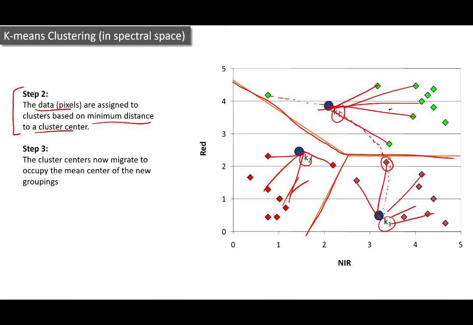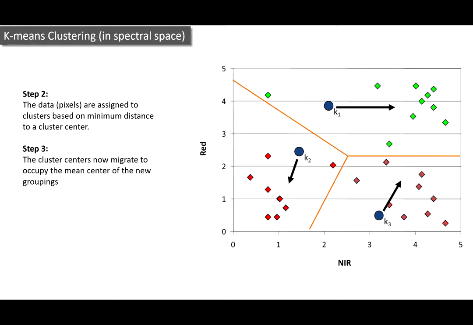But this is just a first iteration. This is an iterative process. So the next thing that happens is the cluster centers now migrate to occupy the mean center. That means the mean NIR and mean red.